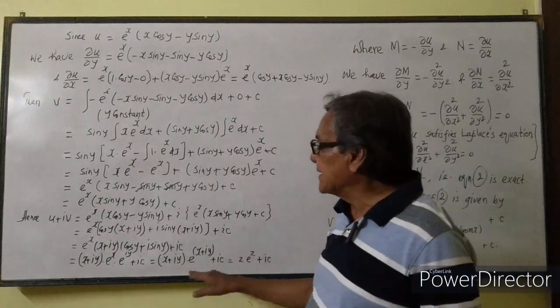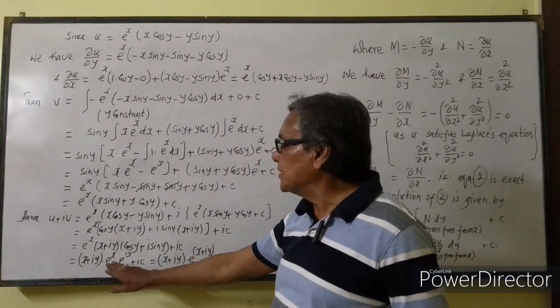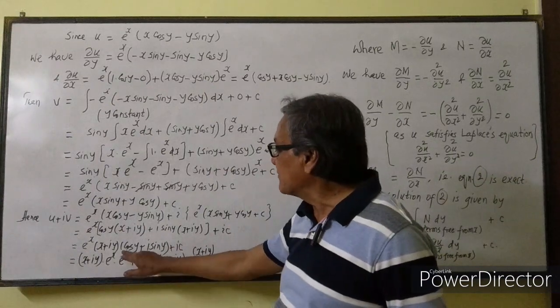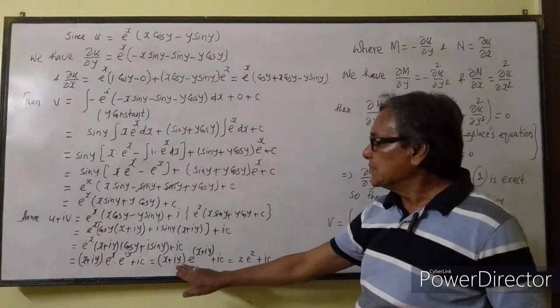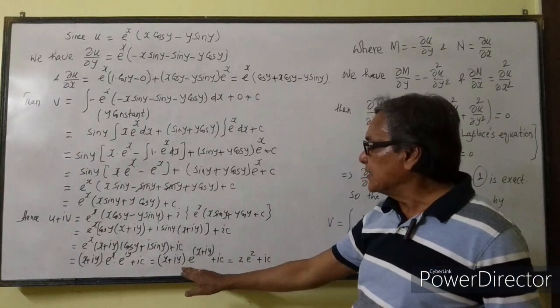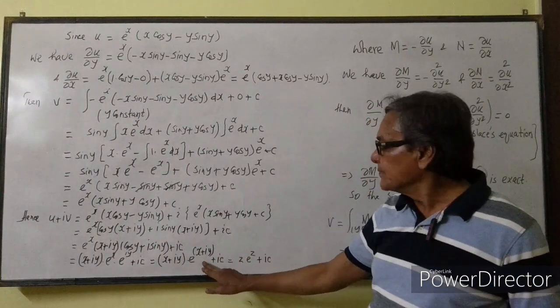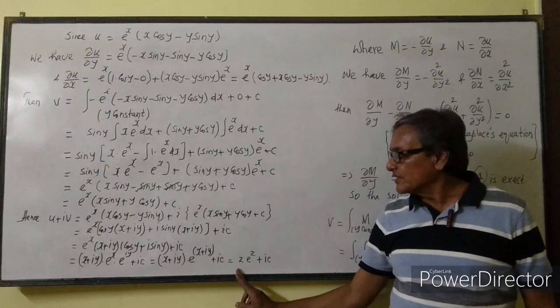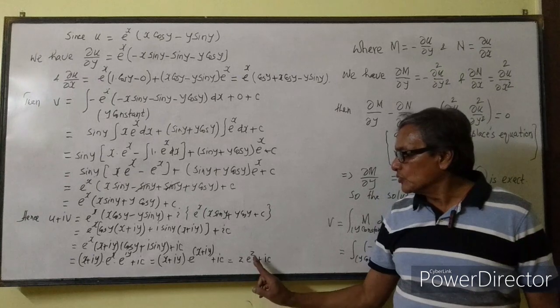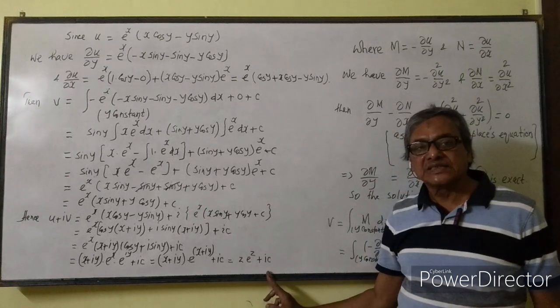On simplification we get x plus iy times e to the power x times e to the power iy, which will be cos y plus i sin y, plus ic. That is equal to x plus iy times e to the power x plus iy, plus ic, and x plus iy is z. So finally it is equal to z e to the power z plus ic.